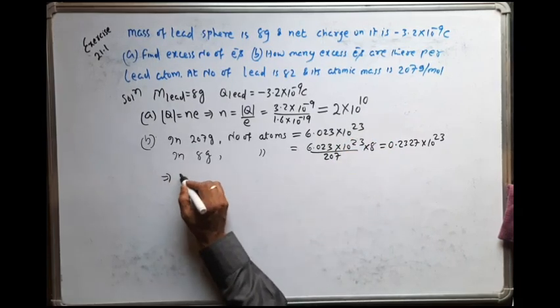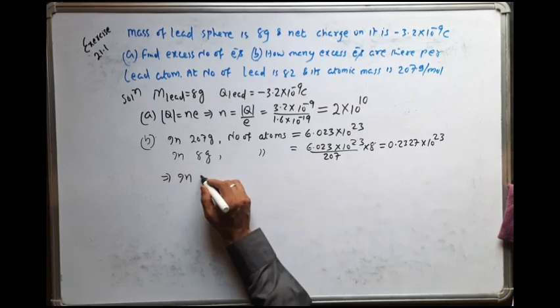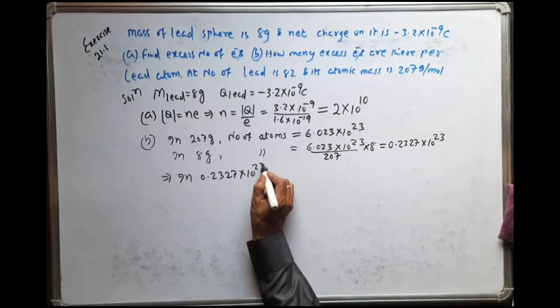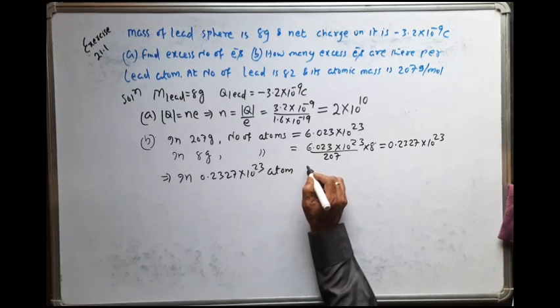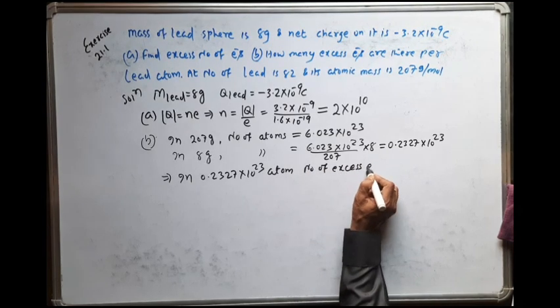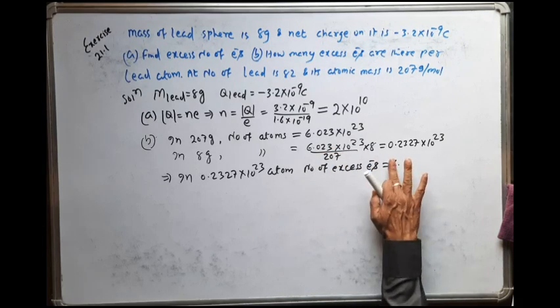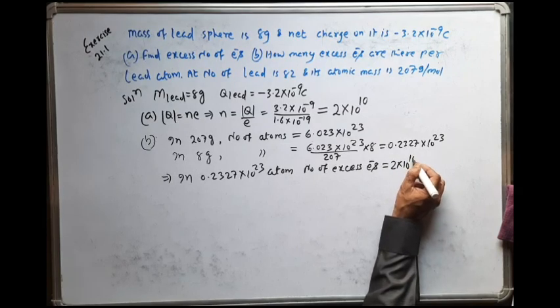That means 8 gram is equivalent to this number of atoms. So in 0.2327 into 10 to the power 23 atoms, the number of excess electrons is 2 into 10 to the power 10.